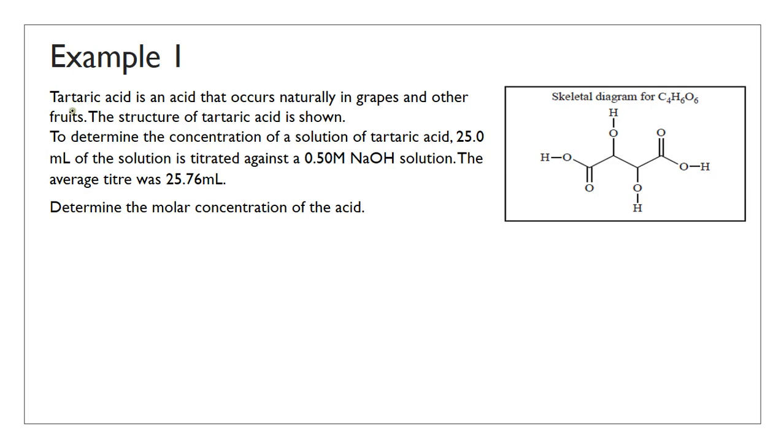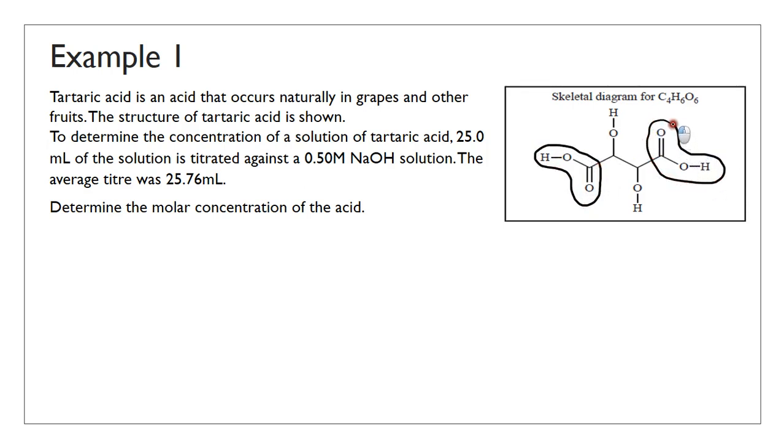First piece of information: tartaric acid is an acid that occurs naturally in grapes and other fruits. Okay, the structure of tartaric acid is shown, and you have a skeletal diagram for tartaric acid here. Now, the first thing that you need to notice is that there are two carboxyl groups present in this molecule.